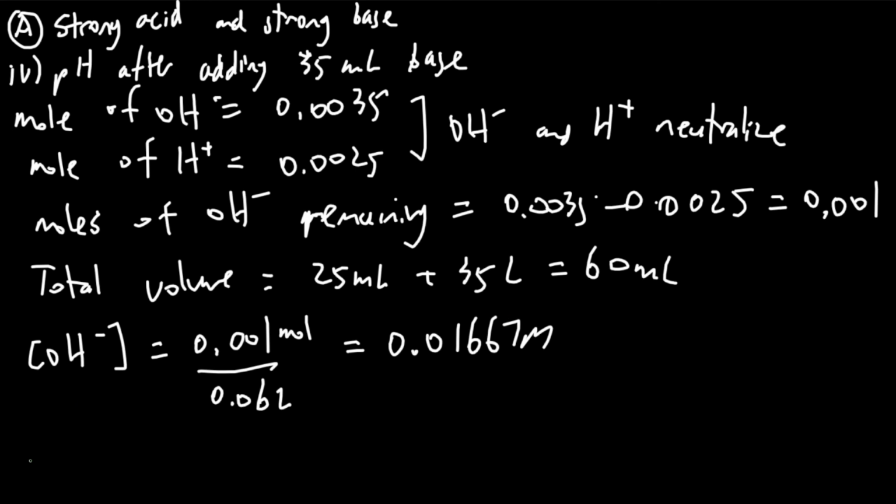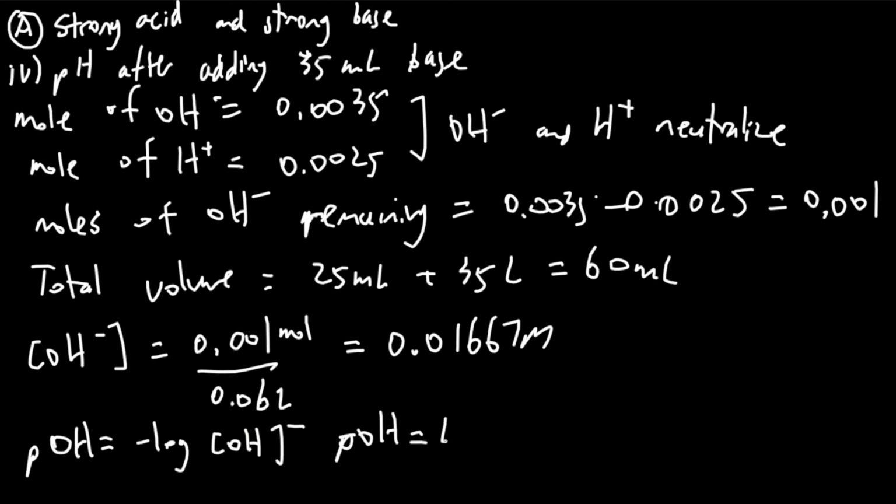Using the formula pOH equals negative log OH minus, you get pOH equals 1.78, and using the other formula, pH equals 14 minus pOH, pH equals 12.22.